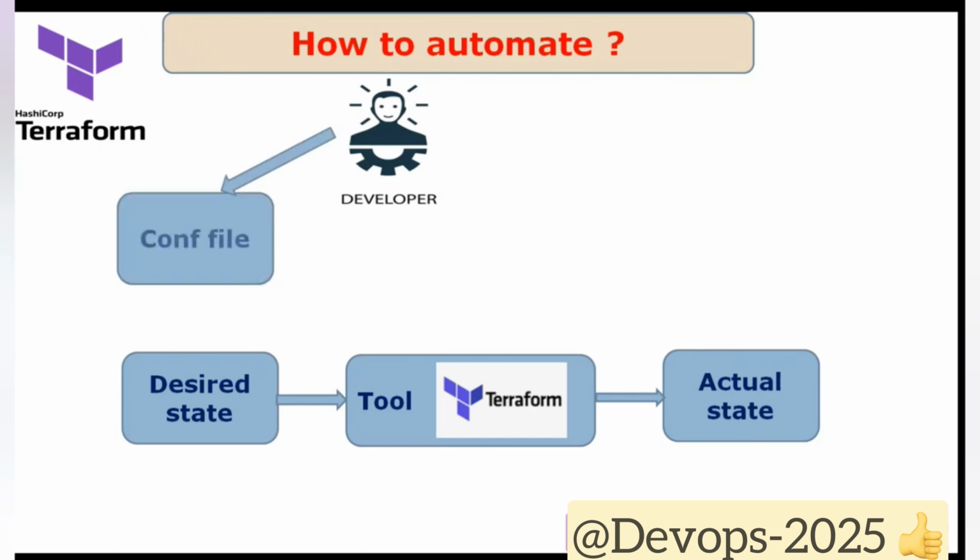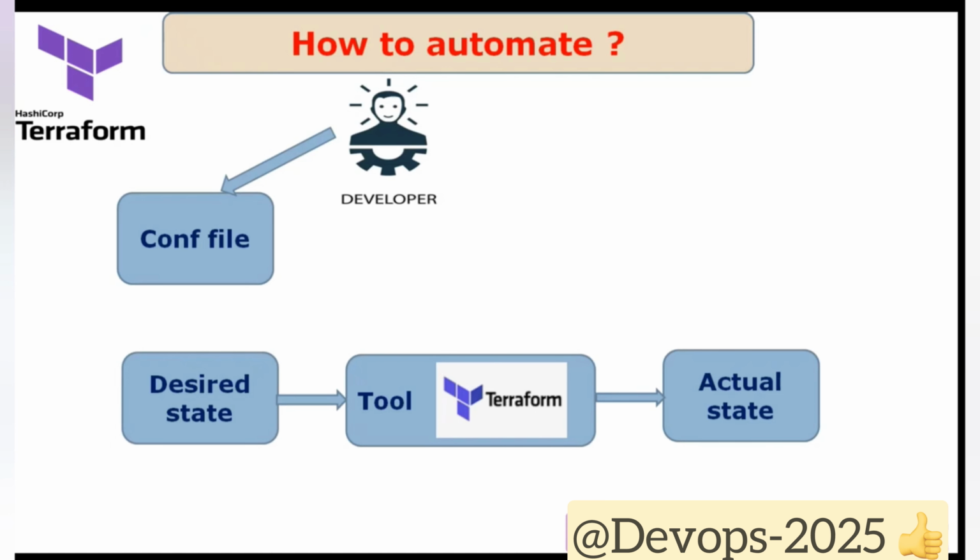In it you tell that you need 10 EC2 servers, one network, one load balancer, and one scaling. You need to write some syntax actually.